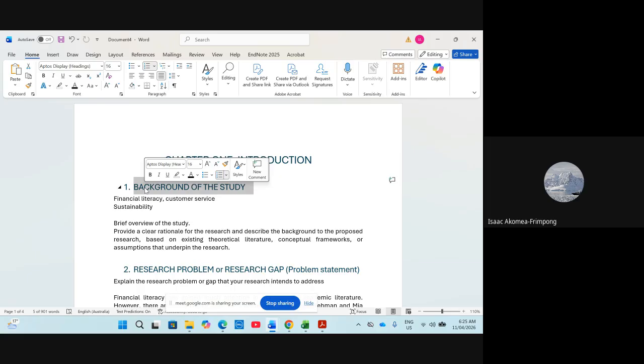For example, if your study is about financial literacy, customer service, sustainability, buildings, project management, circular economy, artificial intelligence, whatever topic you are dealing with, give us a background. Because maybe this is the first time that somebody is reading about your topic. Give us an idea about it.